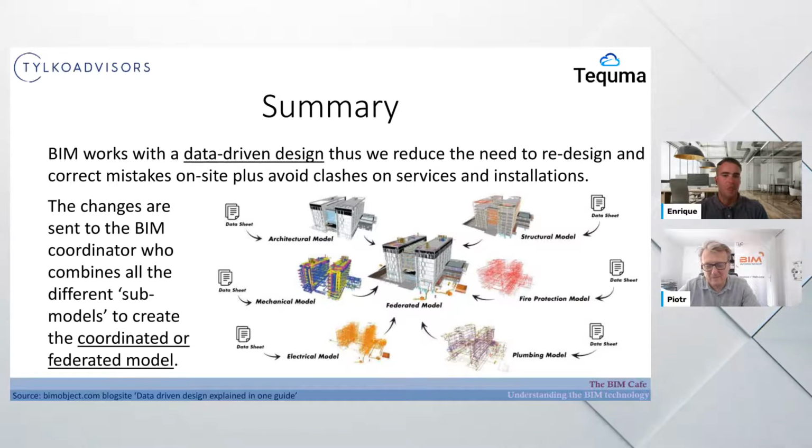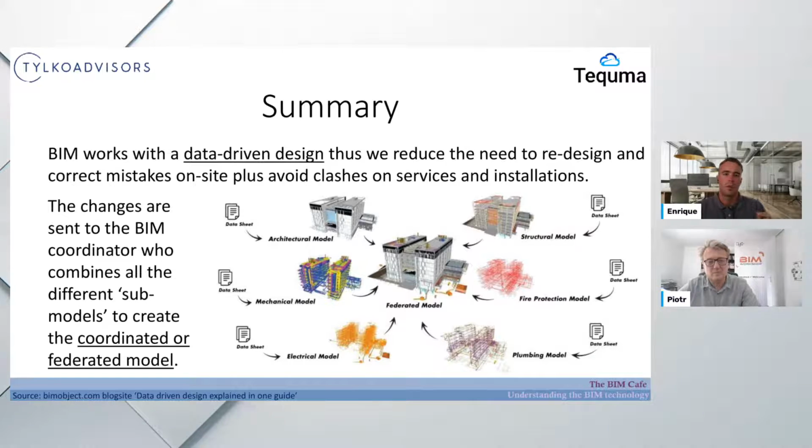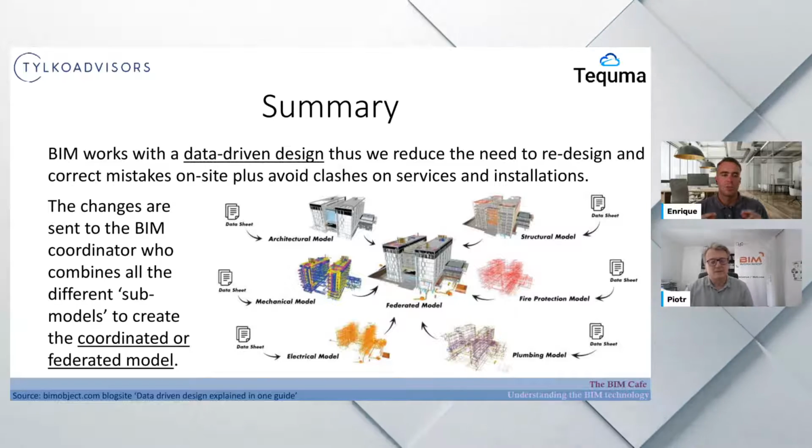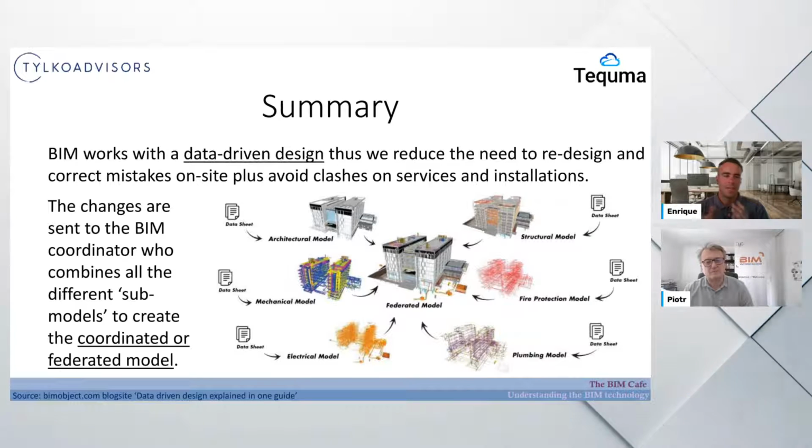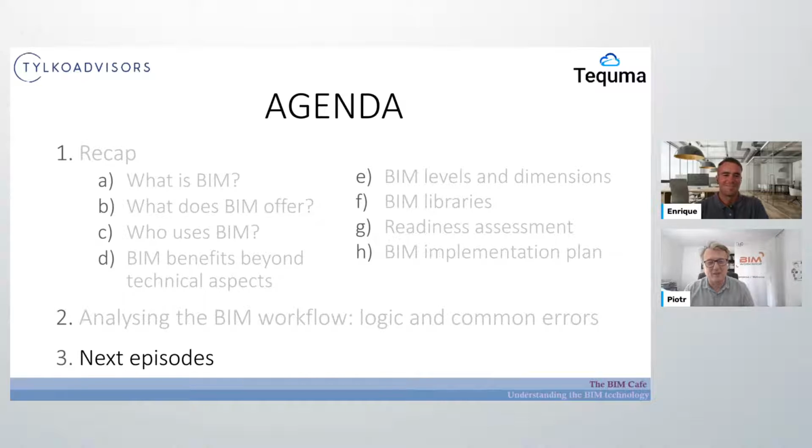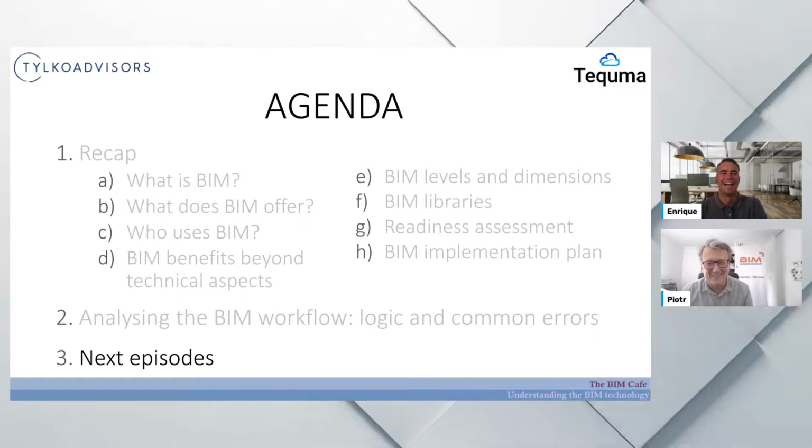And the idea of the federated or coordinated model is that all the different parties put their designs, their networks or their structures or whatsoever, in one place, and the BIM coordination role or the coordination team will be in charge of detecting those clashes and avoiding the situation that we saw before in the execution of projects, such as the Brandenburg report. It's clear. I don't want to say anything because you will just tell me that I'm not ready again.